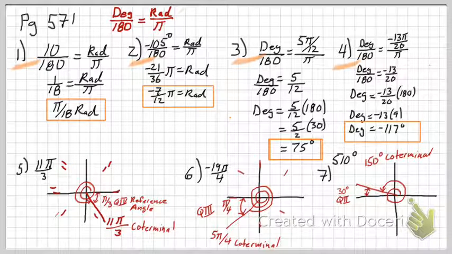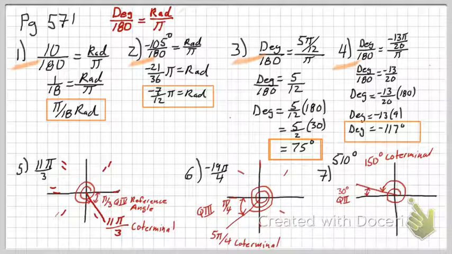If I'm given degrees, put it in here, convert to radians. If I'm given radians, put it in here, convert to degrees, okay? And cross multiply, do what you want, reduce your fractions, and this should be easy points.